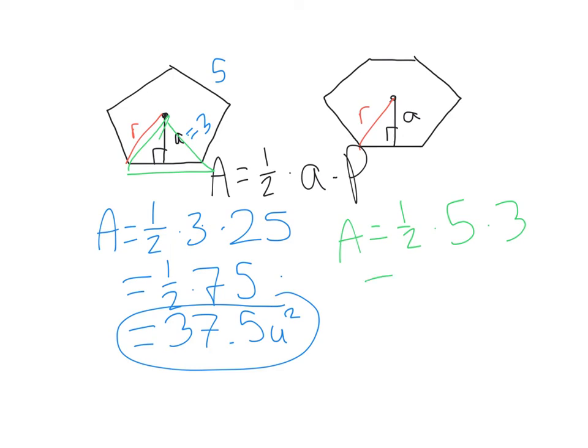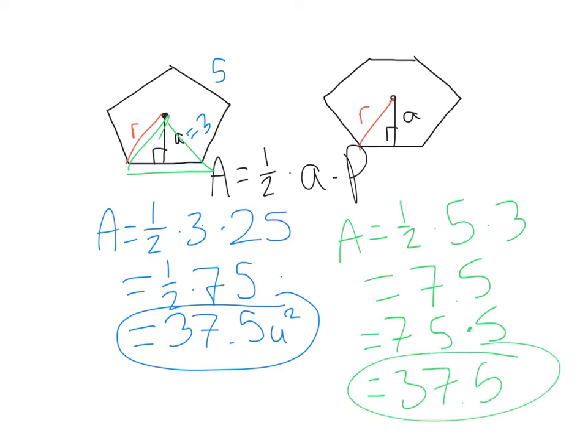So that's going to equal, well, half of 15 is 7.5. And how many of those triangles did we have? Well, 7.5 times 5, that's going to give me 37.5. Same thing, different way of getting it.